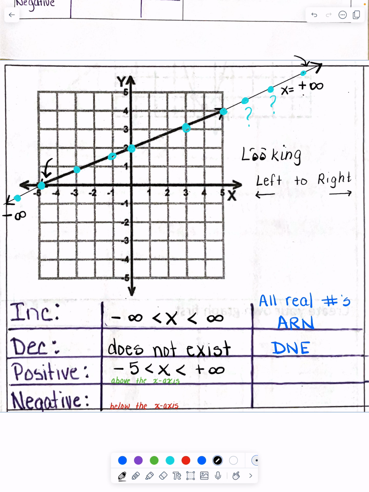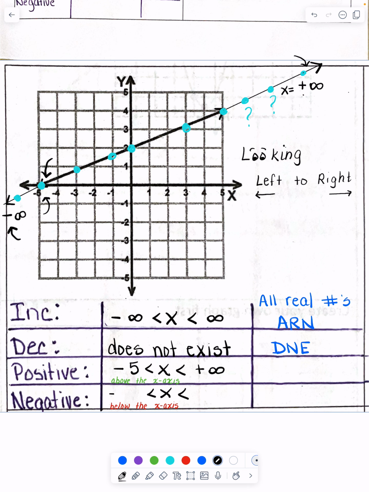So when was it below the x-axis? Well, it started being below the x-axis somewhere way over here, and it stopped being below the x-axis right here. That's when it crossed over and started becoming above, so that would make it the positive side.